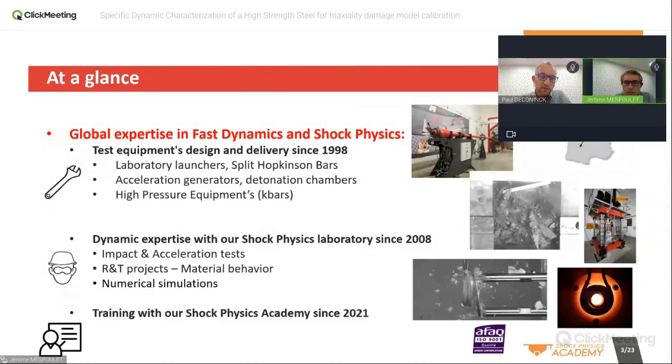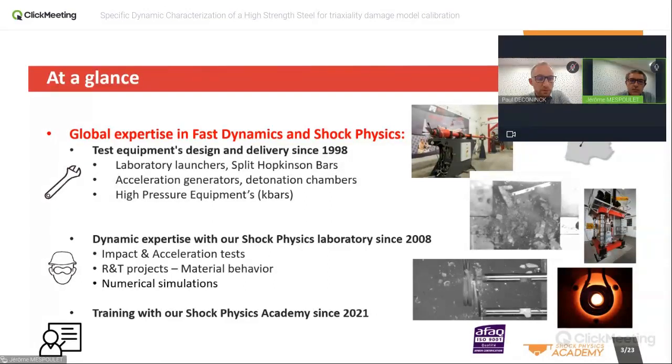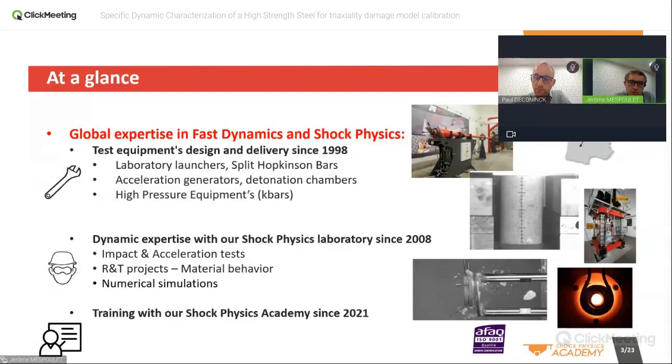We are able to manufacture laboratory launchers, so single stage gas gun or powder gun, double stage gas gun or powder gun, split Hopkinson bar, acceleration generators, detonation chambers, and high pressure equipment.